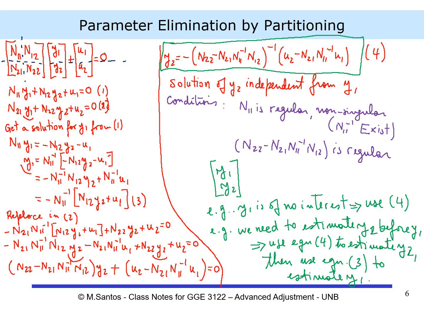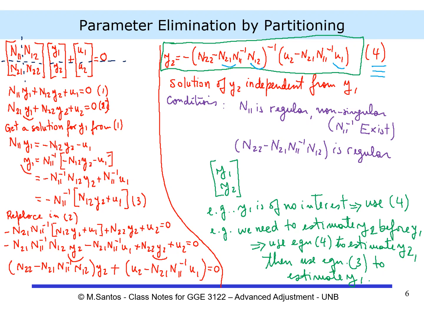Something that I need to emphasize is the following. If you look at expression number 4, there is no Y1 term, but we have information pertaining to Y1 here. The vector U contains observations or misclosures that relate to Y1, so these come from observations L1.